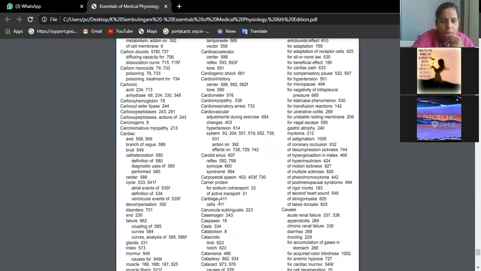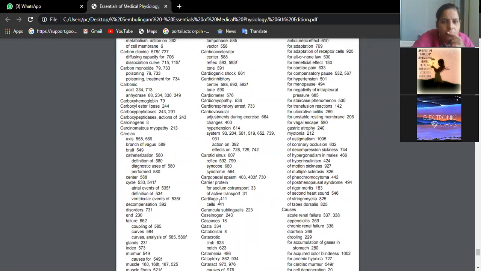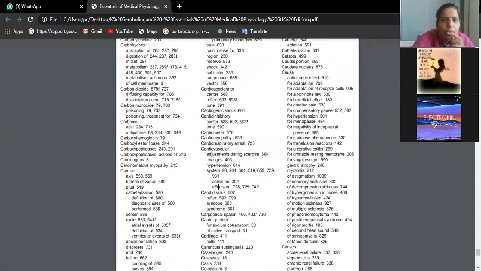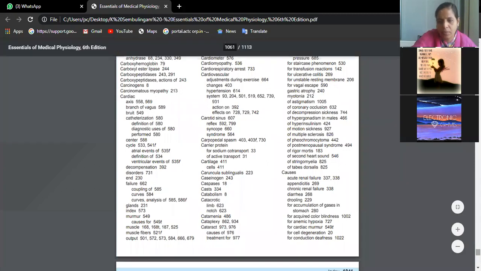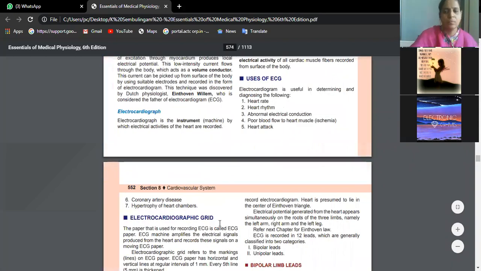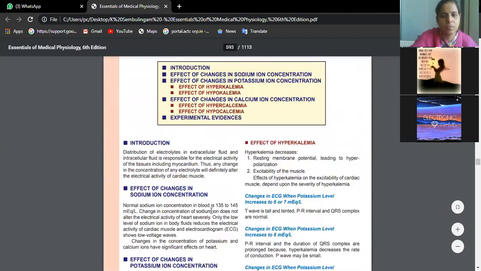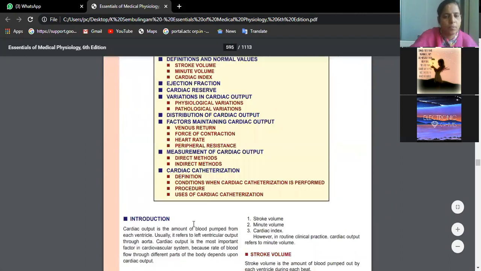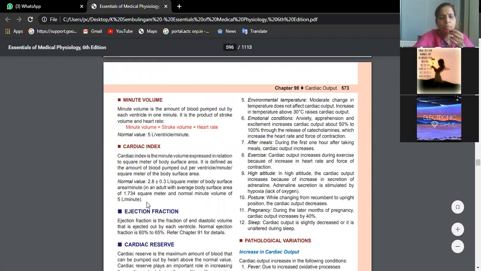Cardiac index, 573 in the book. Just look at the screen now, beta.